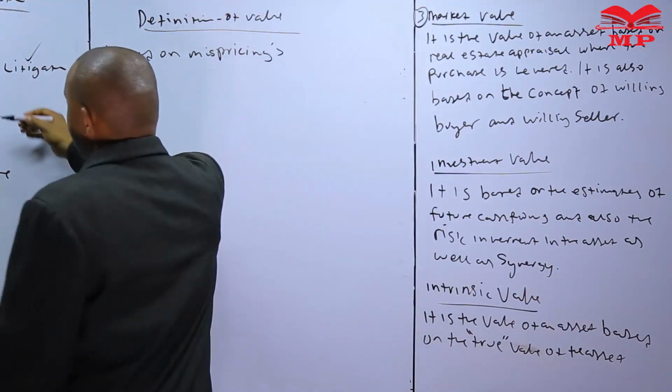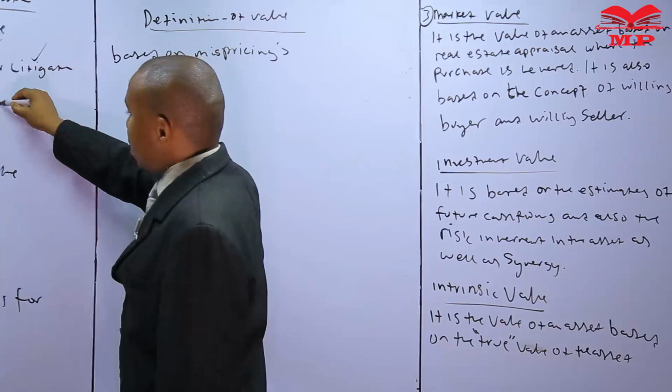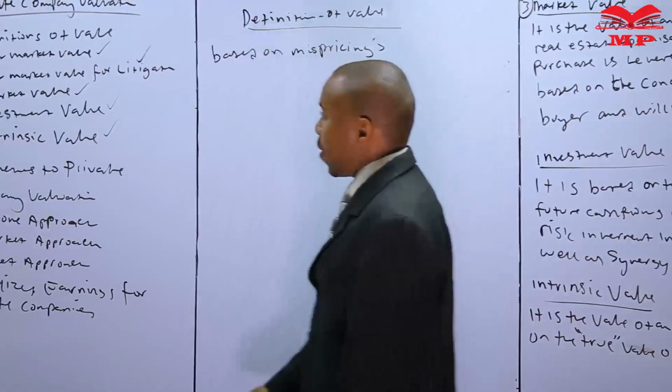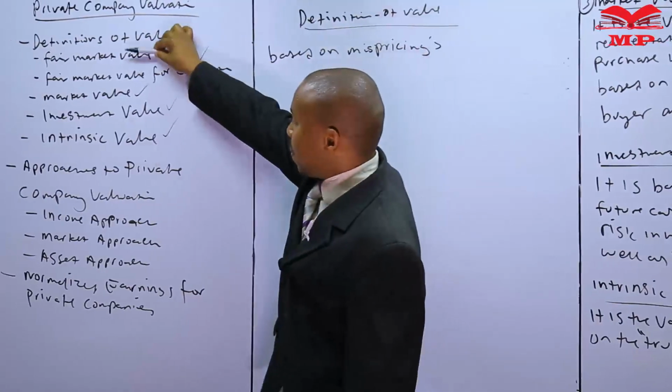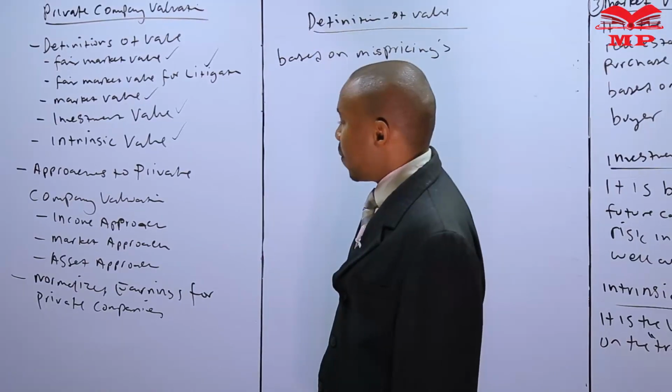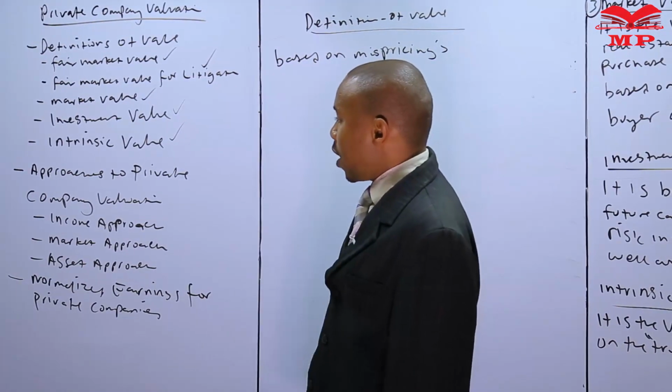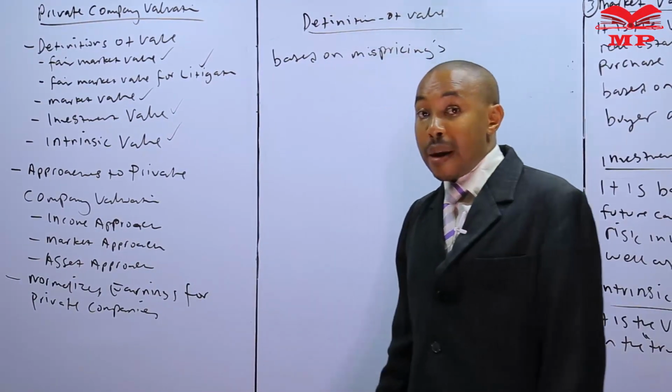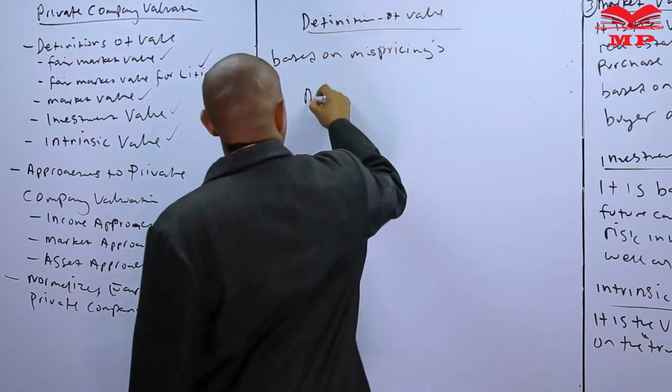Now, having looked at the various definitions of value, we have covered this component very well and elaborately. Now we move on and look at the approaches to private company valuation.